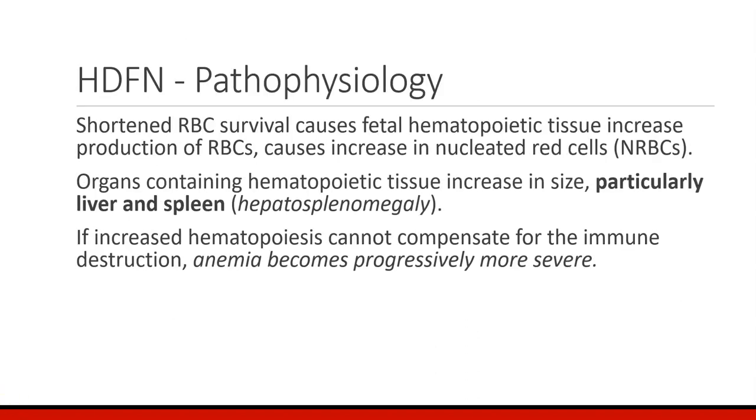Let's talk about the pathophysiology of HDFN. The shortened red cell survival causes fetal hematopoietic tissues to increase production of the red cells, which then causes an increase in nucleated red cells. Blood bank and hematology are so intimately entwined.